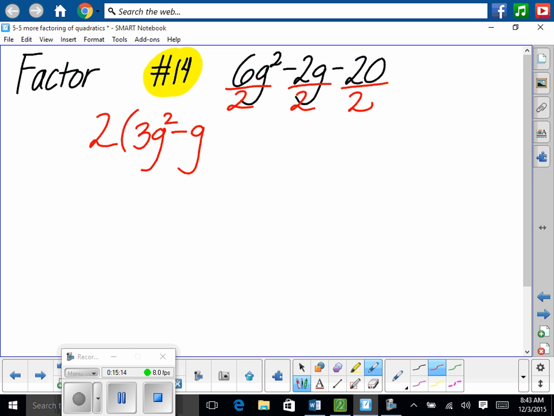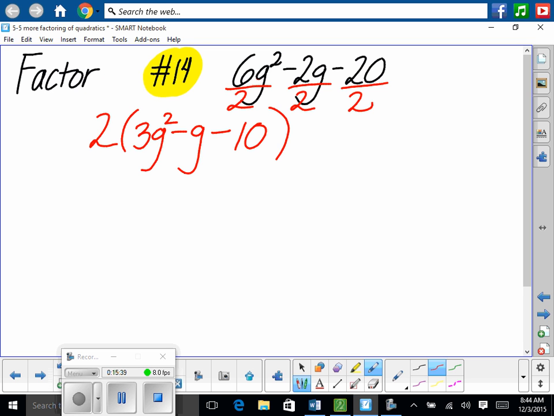Go back and divide each thing by what you pulled out. 6g squared divided by 2 is 3g squared. I'm writing what's left, right? This is what we do in factoring, guys. And then negative 2g divided by 2 is negative g. Negative 20 divided by 2 is negative 10.